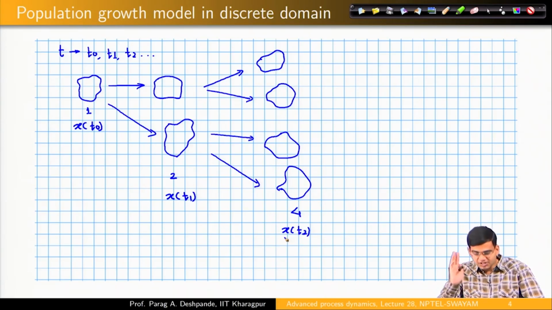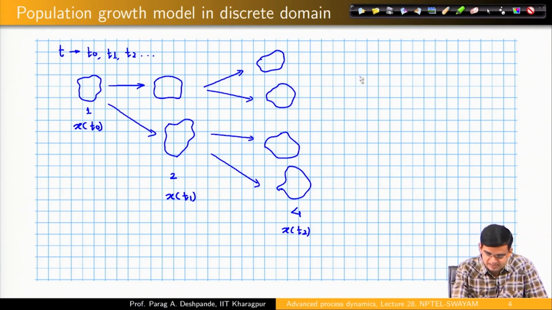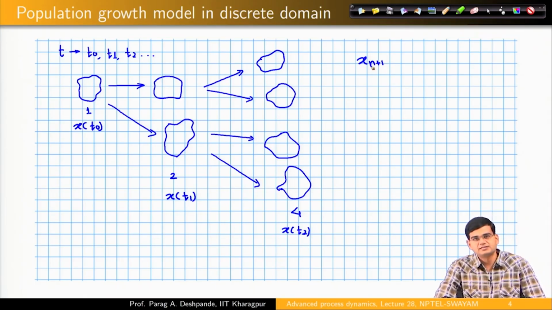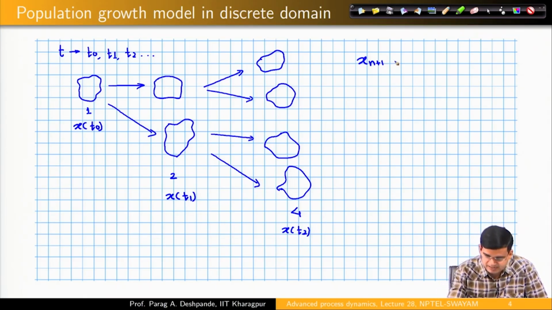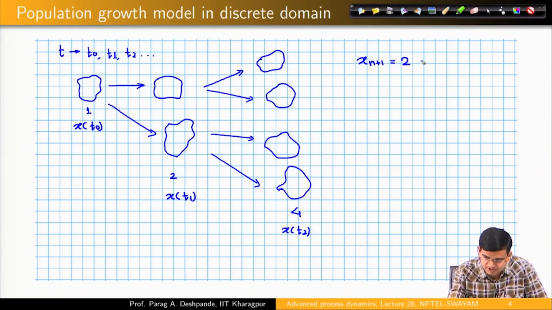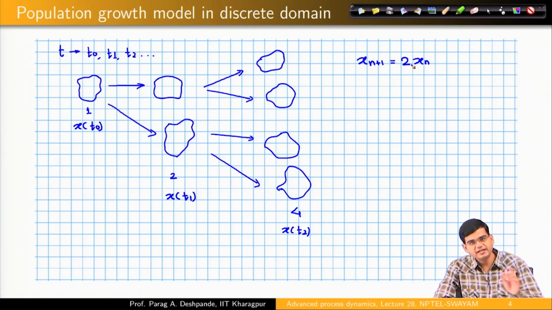If instead of 2, this x t 1 were 3, now you would have got 6, right, which means that x at n plus 1 is, for this particular case, 2 times x of n, where n, n plus 1 and so on indicate the instances of time, the discretized time.